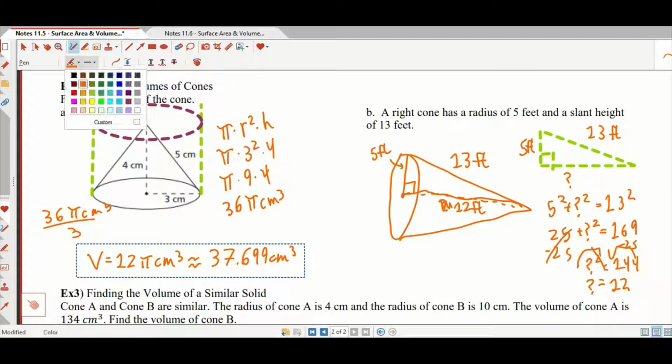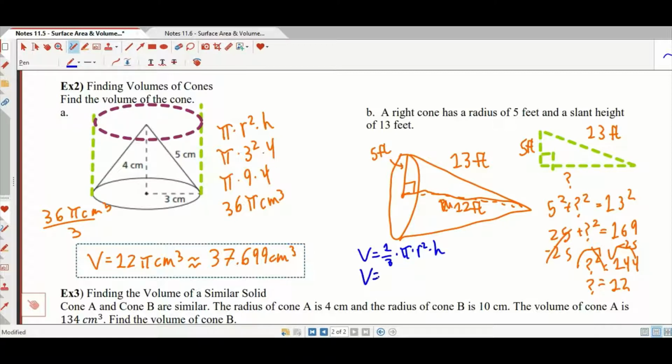Because the volume of a cone is 1/3 times pi times the radius squared times the height. So the volume is 1/3 times pi times the radius squared, which is 5 squared, times the height, which is 12. Now, 5 squared times 12 is 300, which means the volume is 1/3 times pi times 300.